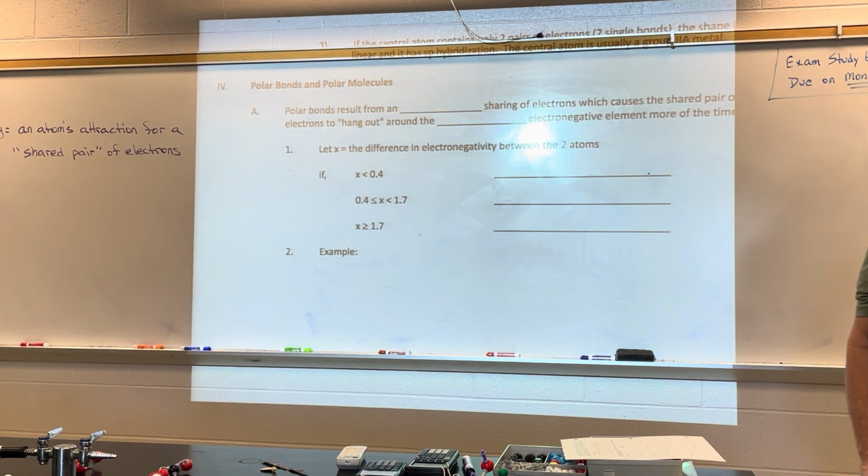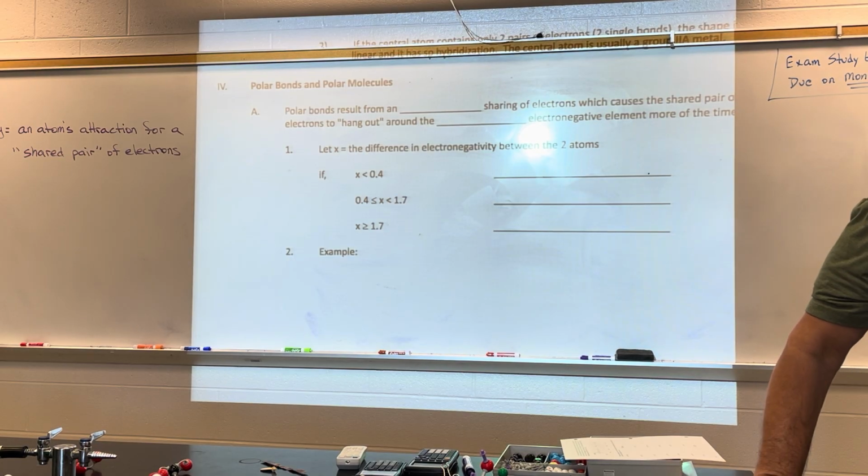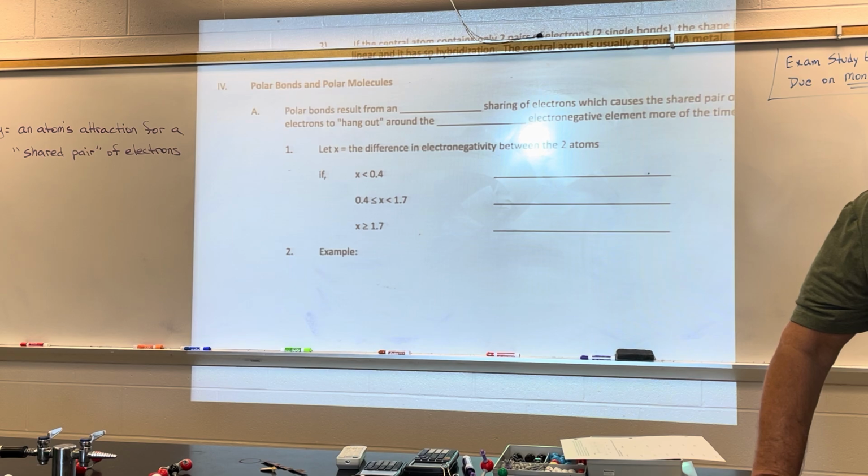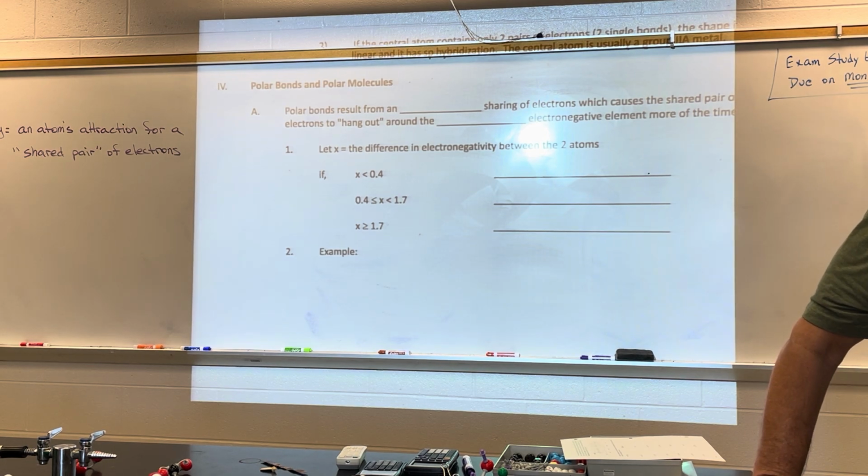Okay? Well, what's the key word with electrons in a covalent bond? What do they do with electrons in covalent bonds? They share. But if you know, then sometimes in a sharing relationship, the sharing isn't always equal. Okay? If we can have equal sharing, then we're going to have a nonpolar bond.